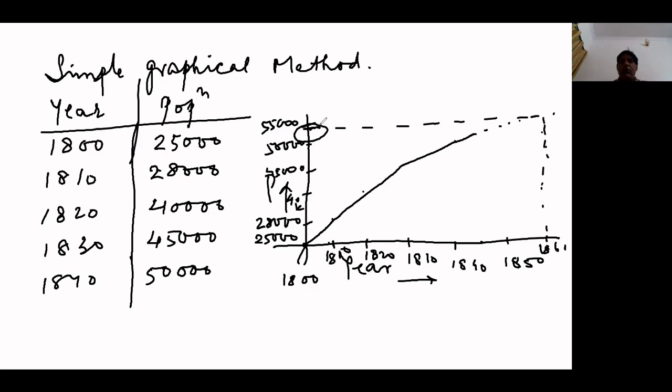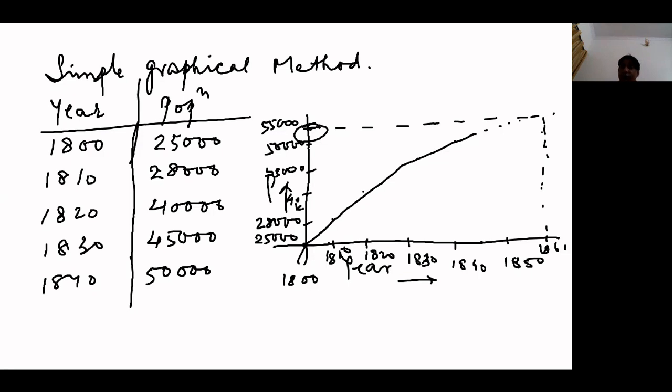Now suppose you are plotting this curve for every 10 years: 1800, 1810, 1820, 1830, 1840, 1850 and so on, right? So the value will be approximate. If you plot a graph for every month, the data would be much more precise.